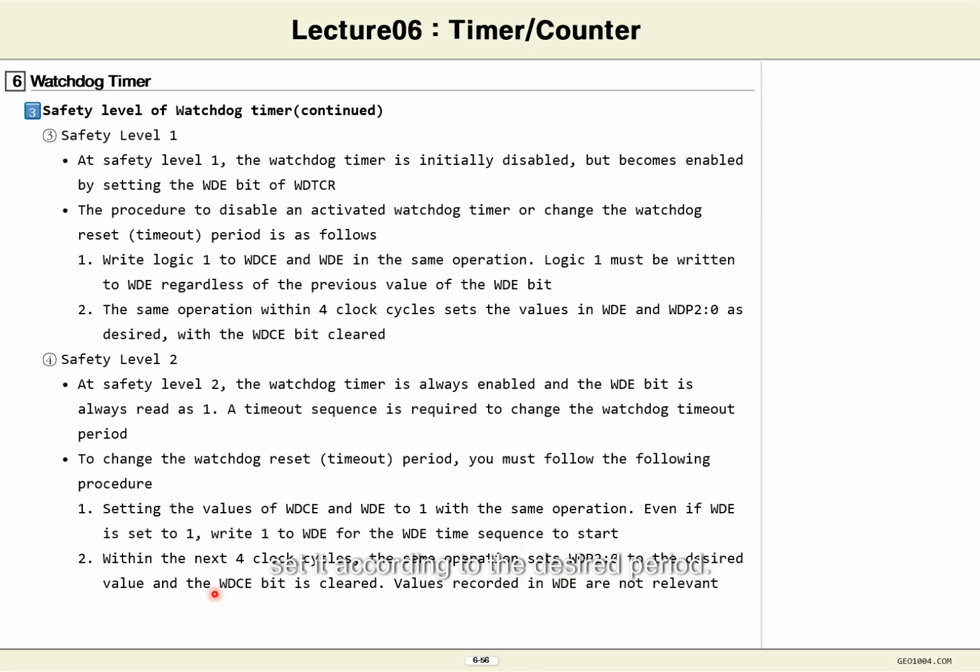You must set it according to the desired period, and the watchdog change enable bit will be cleared. At this time, it does not matter what value is written to the watchdog enable. So, safety level 2 must be operated by these procedures 1 and 2. This concludes the explanation of the watchdog timer in the timer counter.